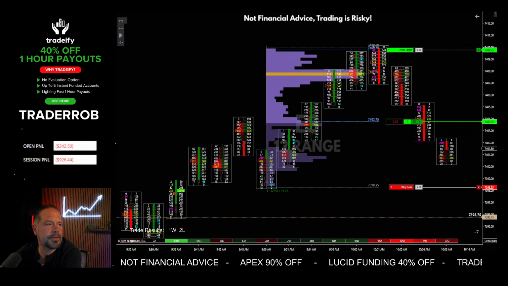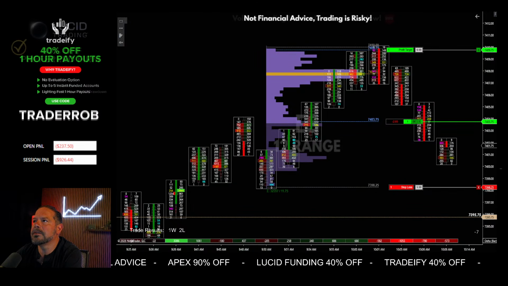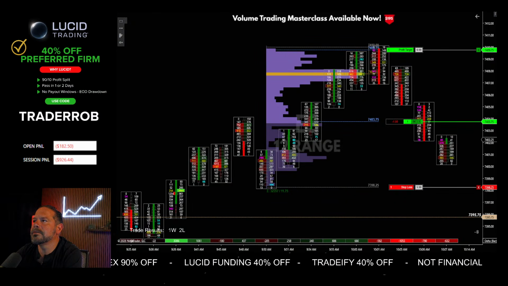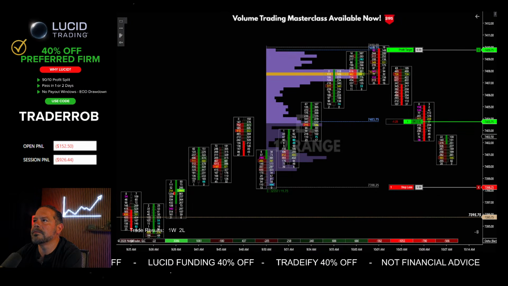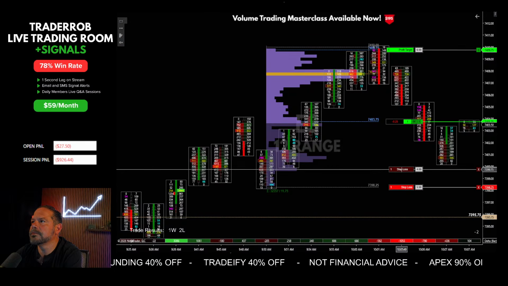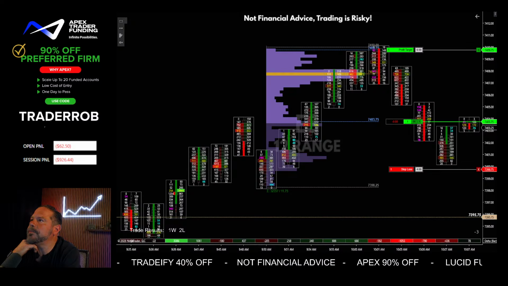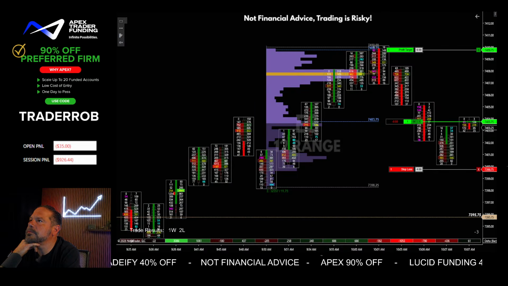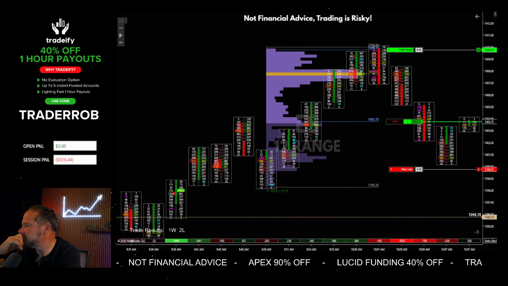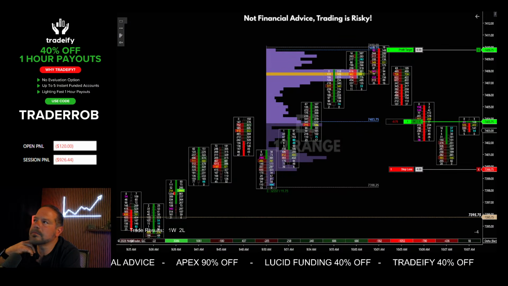Let's see if that provides a little piece of support there on the NQ. All right, reduce risk to about 4 points there on the ES, off that flip. Come on, buyers.